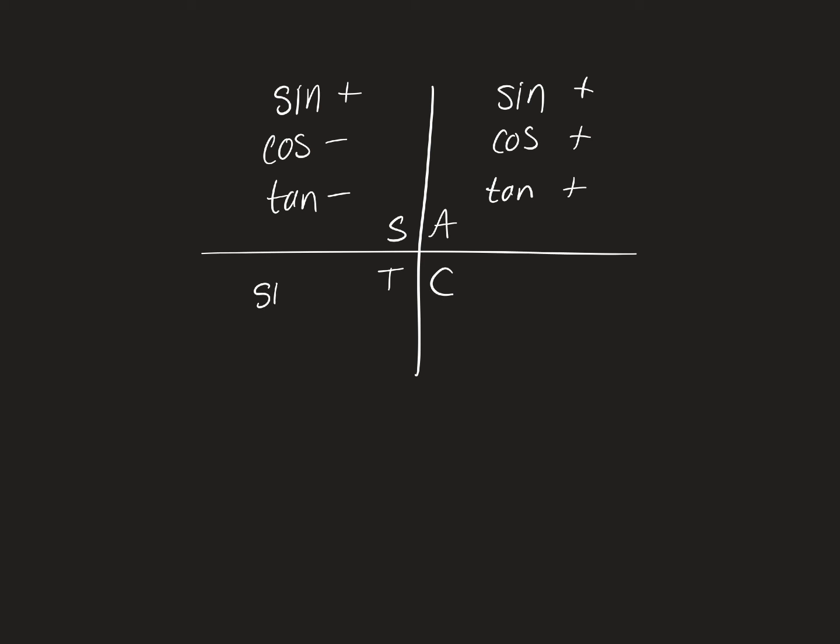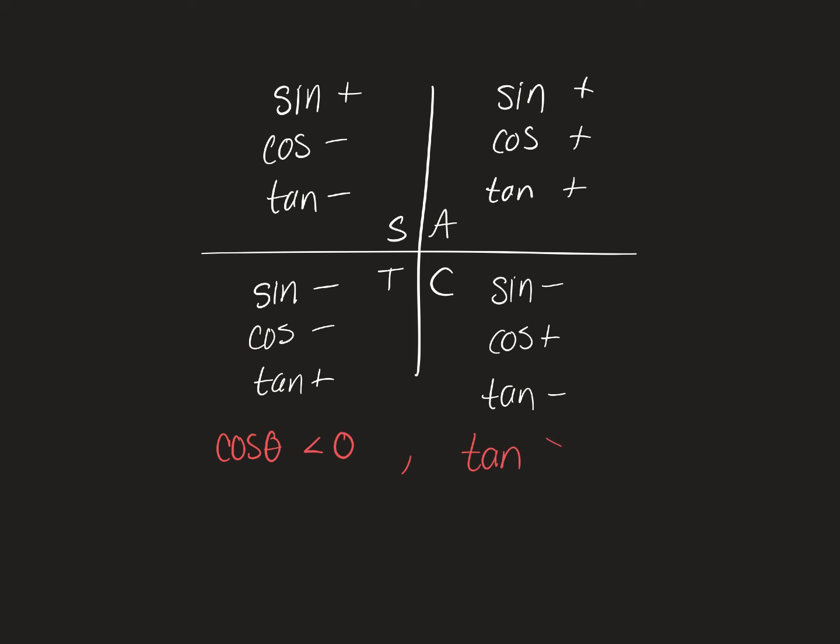So then in quadrant 3, tangent is positive. Right, so this one, it'll give you something like, if cosine is less than 0 and tangent is greater than 0, you have to find the quadrant where cosine is negative but tangent is positive.